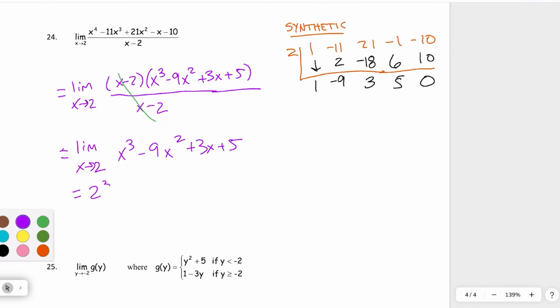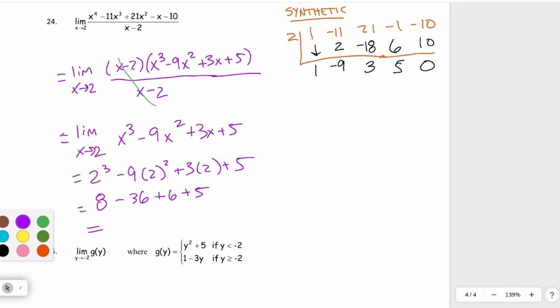So this is going to equal 2 cubed minus 9 times 2 squared plus 3 times 2 plus 5, which is going to be 8. Let's see, 4 times 9 is 36, plus 6, plus 5. I hope my arithmetic's good here. I'm trying to do this without a calculator just because you're not going to have one on the test. So 11 and 8 is 19 minus 36.